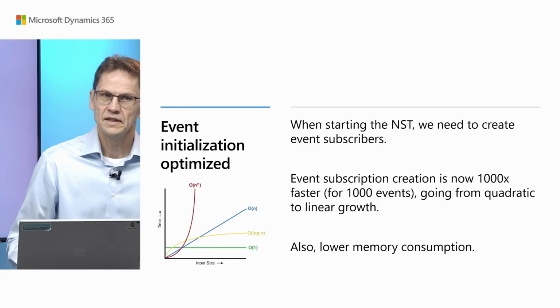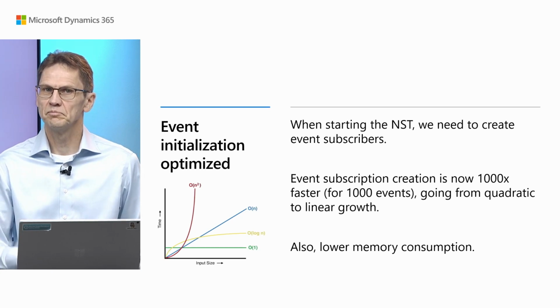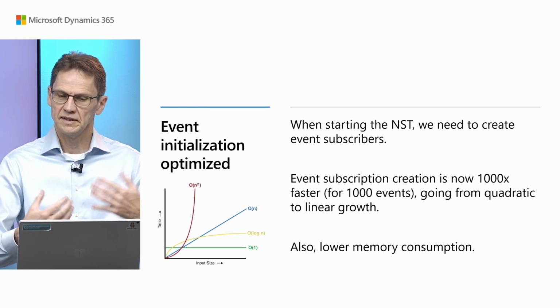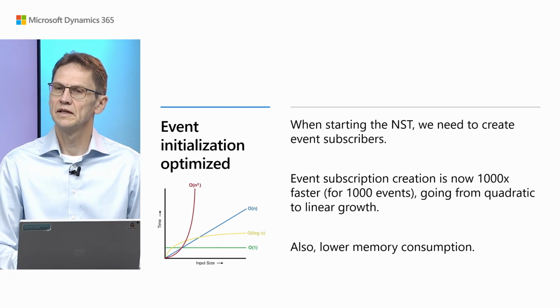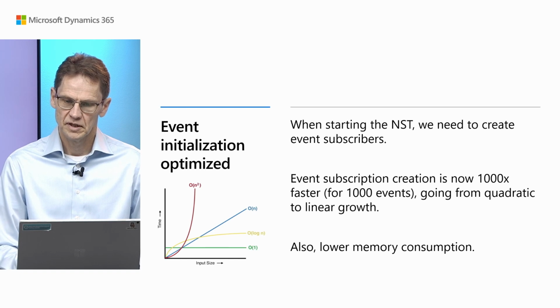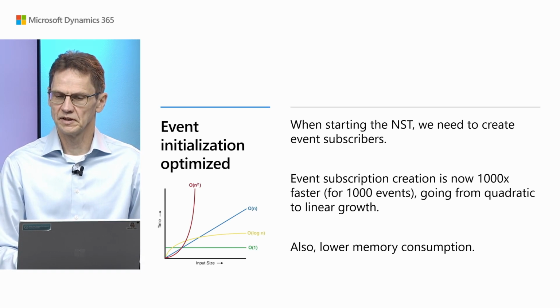Now, another thing that you probably won't see in daily operations, but we feel a lot, is that the startup of each tenant, the mounting of a tenant, is now significantly faster because the way we hook up event subscribers has been optimized significantly.